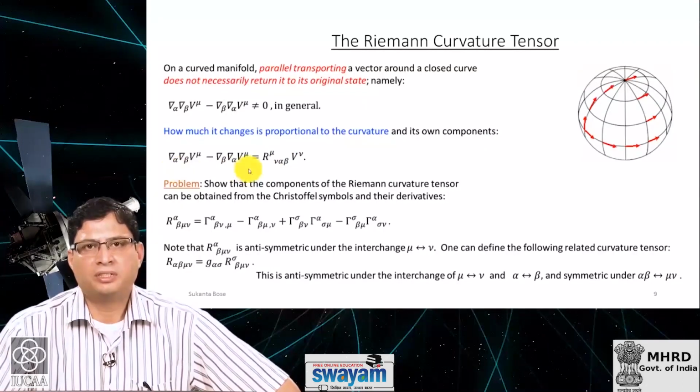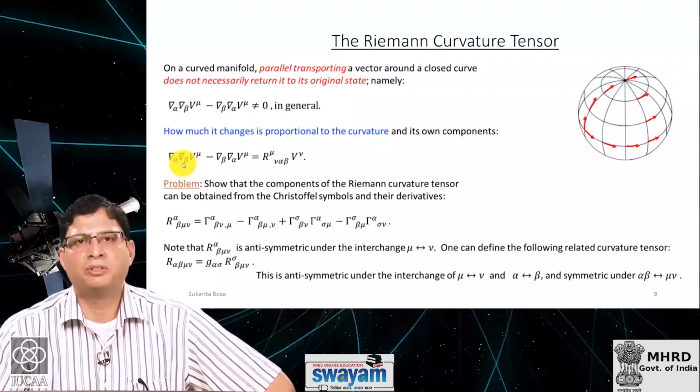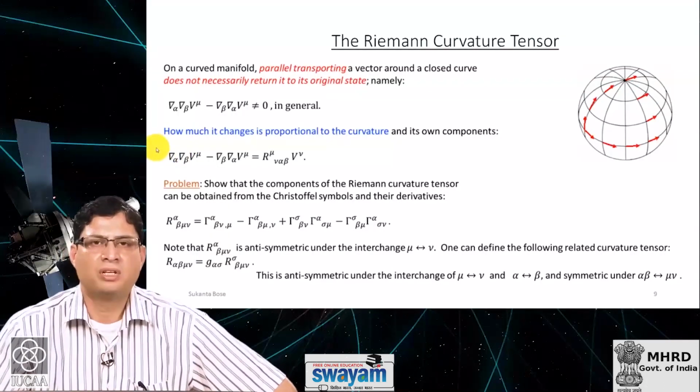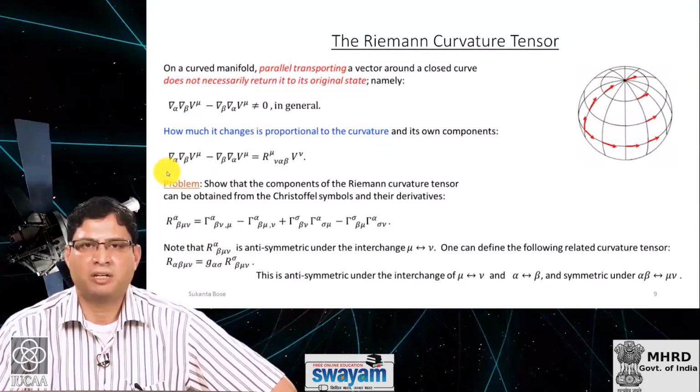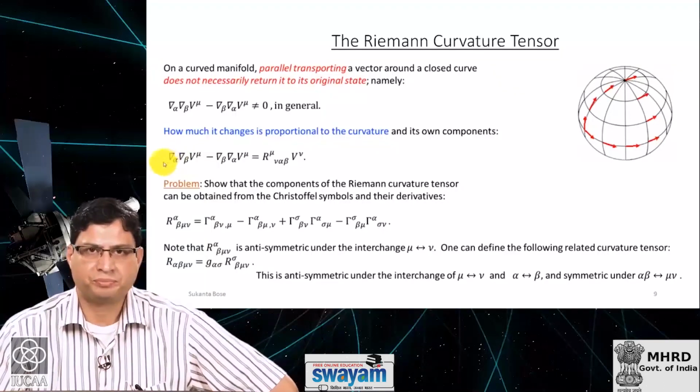Now, this definition tells you automatically that another way to write it is you act on a vector's components with two of these covariant derivatives, but then you antisymmetrize over these two derivatives, so basically the alpha and beta indices. Antisymmetrization, the way we introduced it in the first lecture, also involves a factor of half. So you have to take care of that, but that's just a definition.